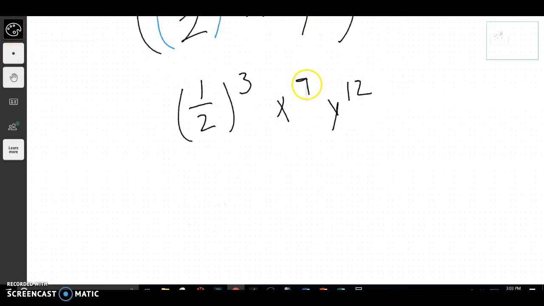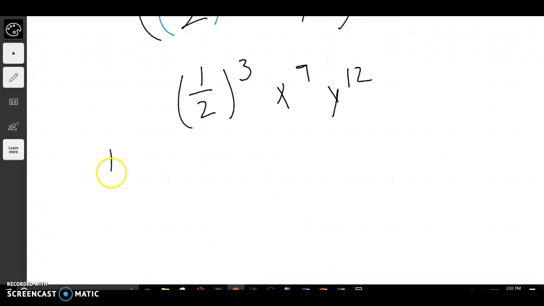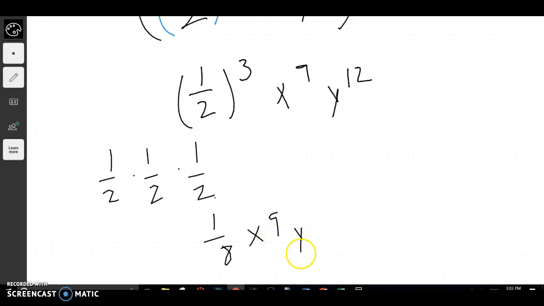Fractions, if you remember from the beginning, we would just have to do 1/2 times 1/2 times 1/2, which would give us 1 times 1 times 1, which would be 1, and 2 times 2 times 2, which would be 8. So this would be my final answer.